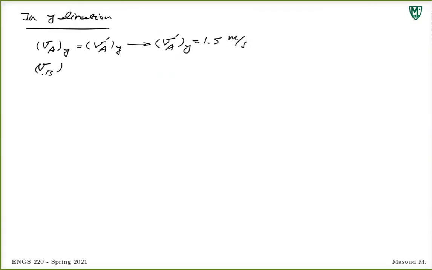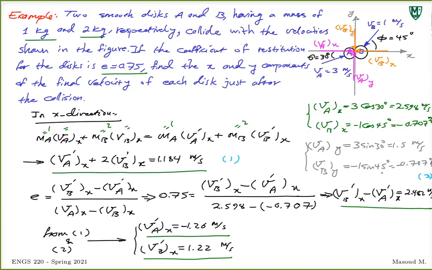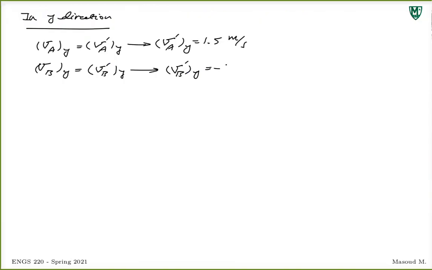And then VB in the y direction, VB prime, the velocity of B in the y direction, is equal to minus 0.707 meter per second. And these are the y components of velocity. Right. So we found what we were asked to.